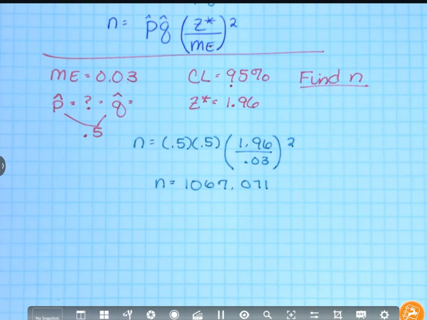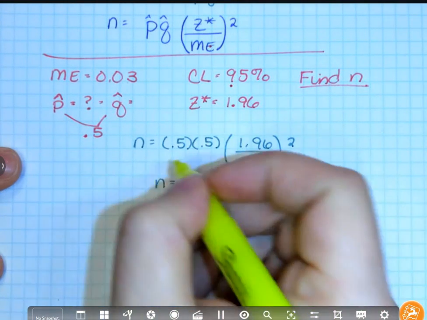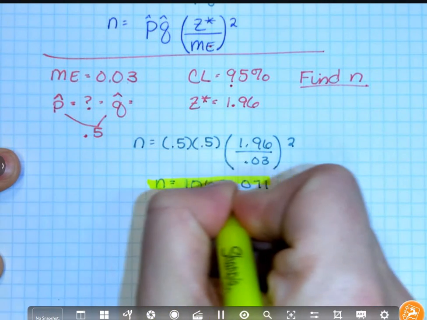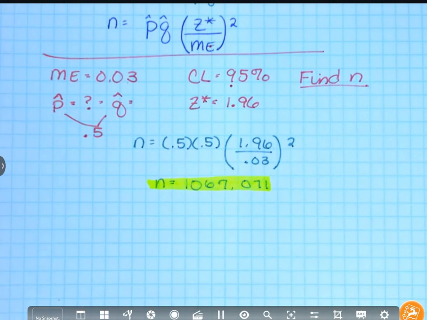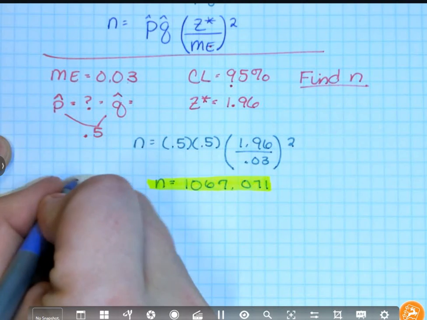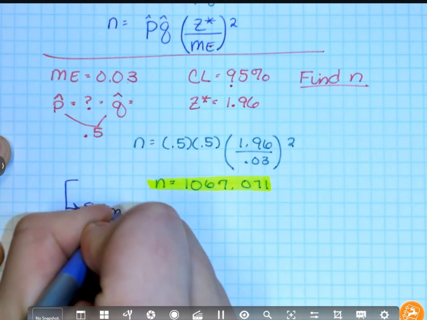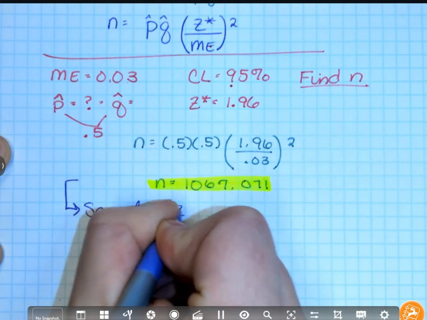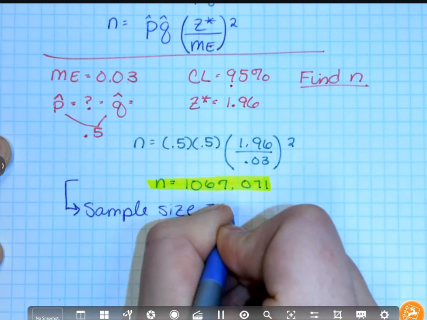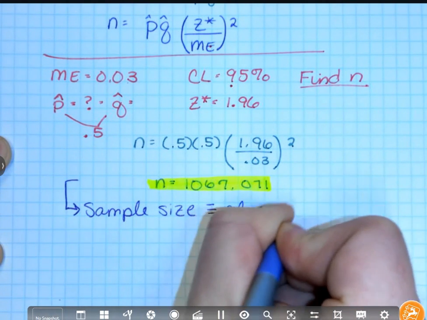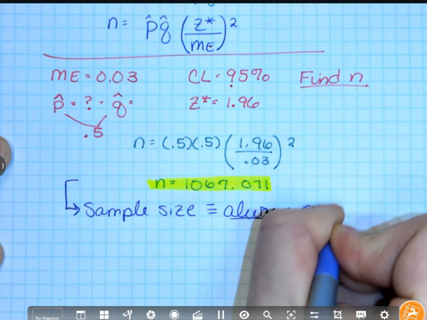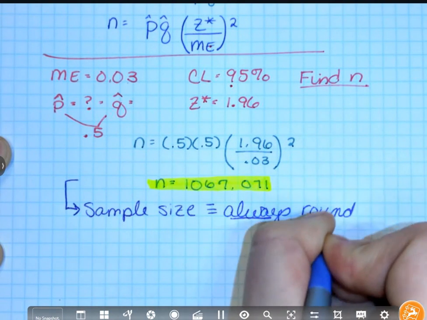Is that what you guys got? Now this here, what I'm going to say is very, very, very important. This is one time where we have a set rule. If I'm looking at sample size, you must always round up.